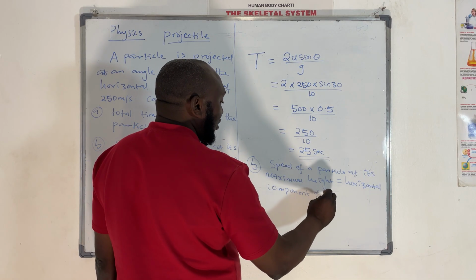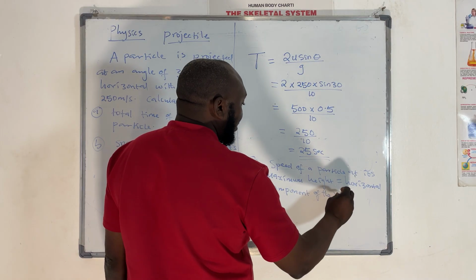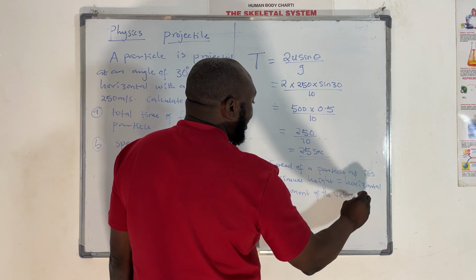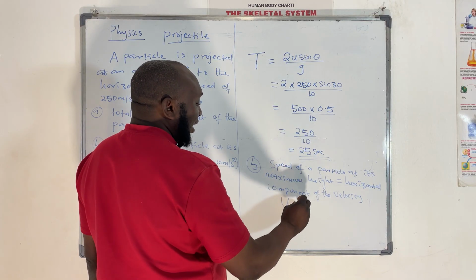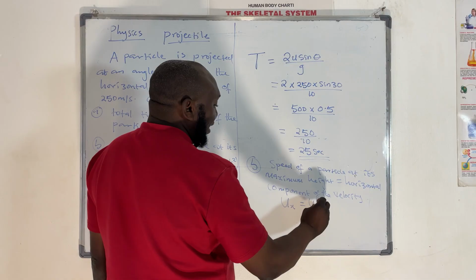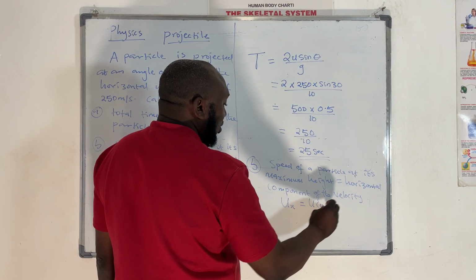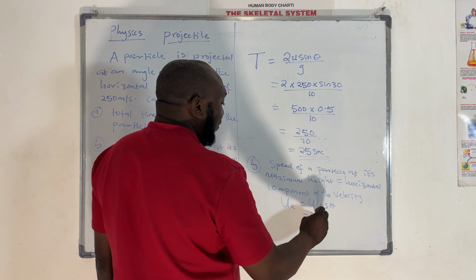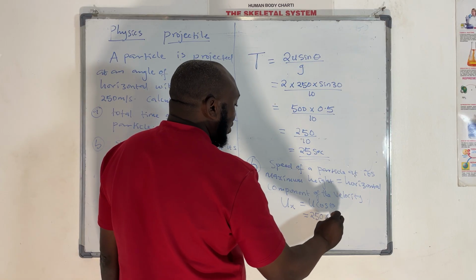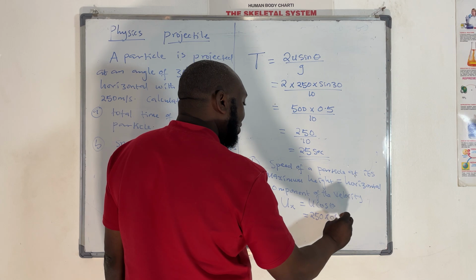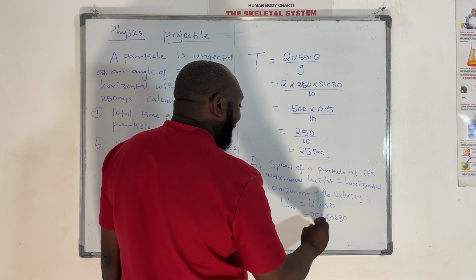The horizontal component of velocity is given as u cos theta. What is u? u is 250. What is theta? Theta is 30. So 250 times cos 30.